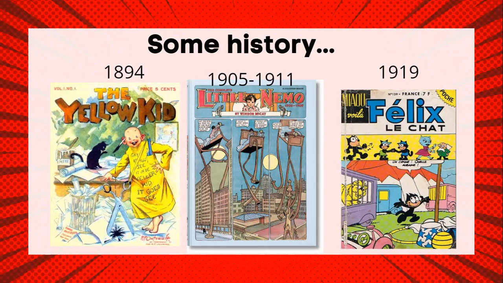The first one is the Yellow Kid, which was in 1894. That one is known to be the first American comic strip to become a popular star. It was very popular, although the character, as you see here, is not the nicest. It could be a little bit creepy, but it became pretty popular.